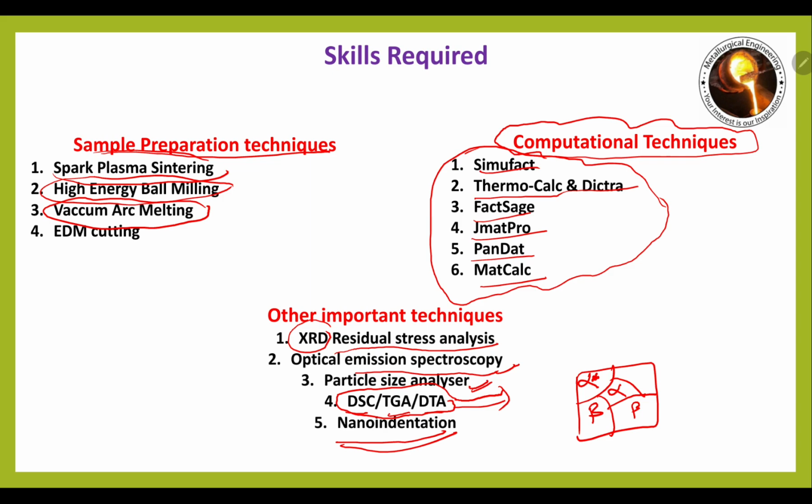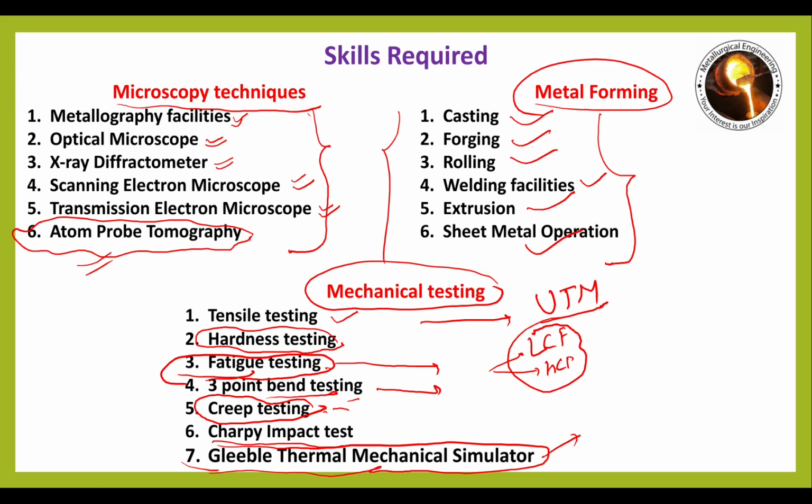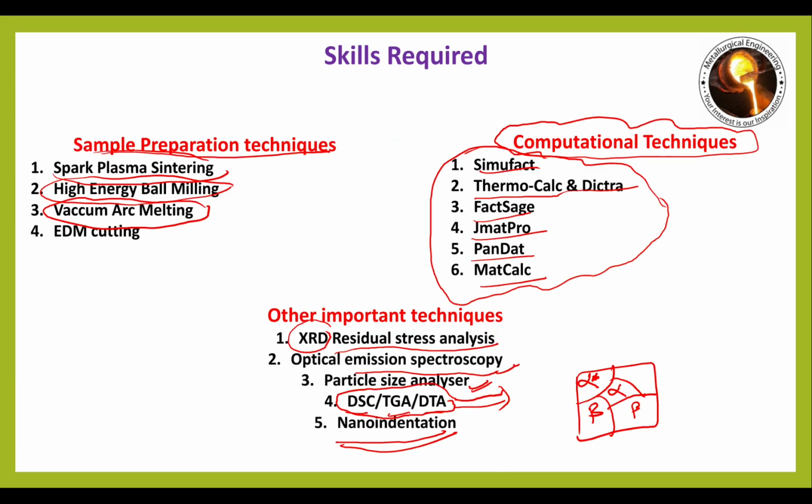So these are the few skills you require. You have to know the basic fundamental knowledge of these testing techniques, microscopy, mechanical testing and metal forming, so you can perform well in any interview.